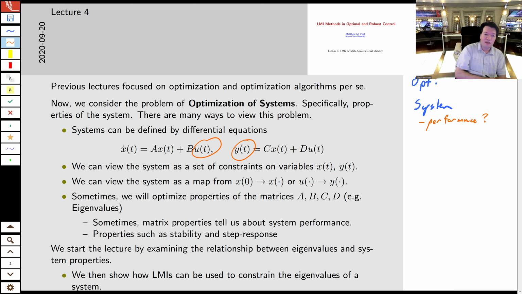So for example, if there's a bit of wind when we're landing, we maybe want to minimize the effect of that wind on our helicopter performance or something like that. So in many ways, what we're trying to optimize usually is some property of the system.